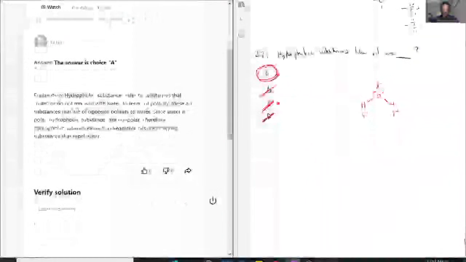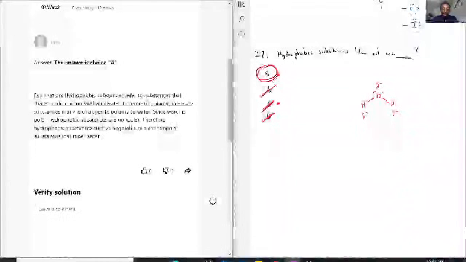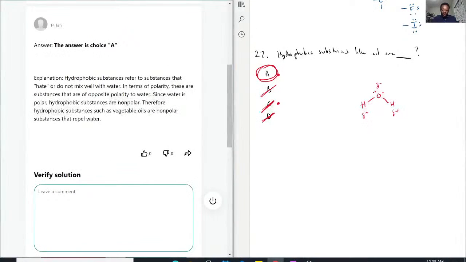Okay, so exactly, hydrophobic substances refer to substances that hate or do not mix well with water, and they're of opposite polarity to water, or technically non-polar. And since water is polar, hydrophobic substances are non-polar. So this is correct.